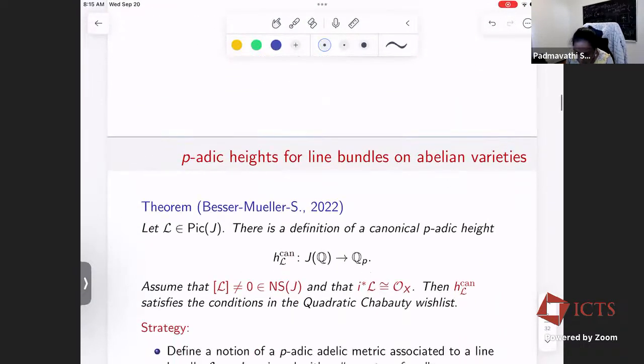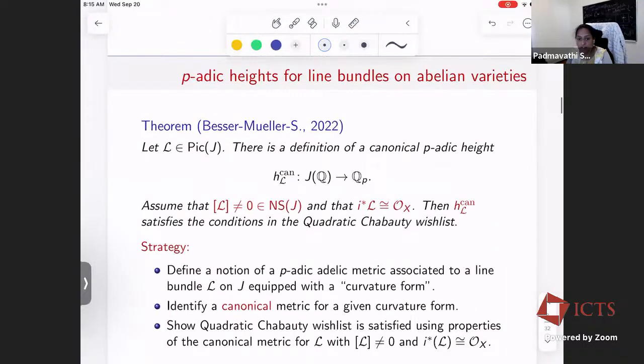The whole goal was to describe a construction of this p-adic height that uses notions that are more familiar, like those that appear in regular Arakelov theory. For describing this p-adic adelic metric, the key notion we need is the curvature form associated to a line bundle. I will describe this in the next couple of slides.